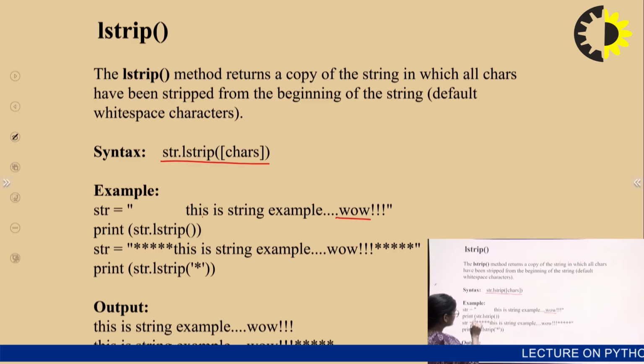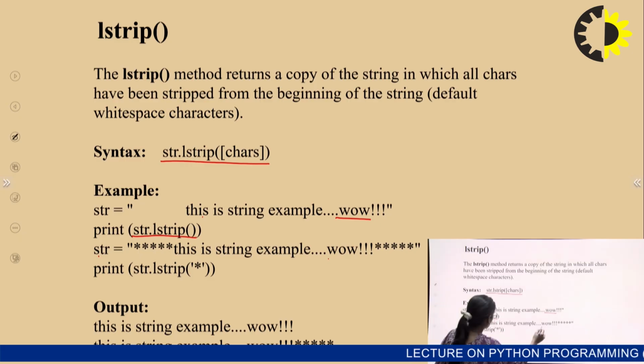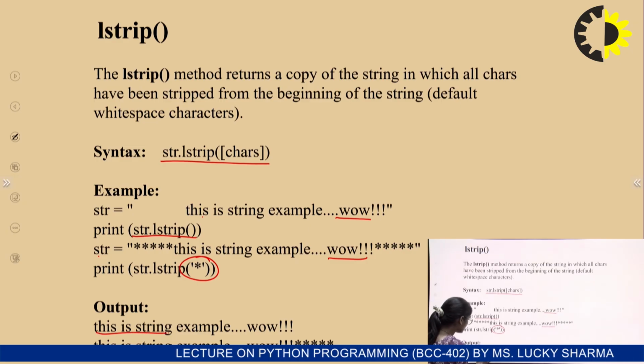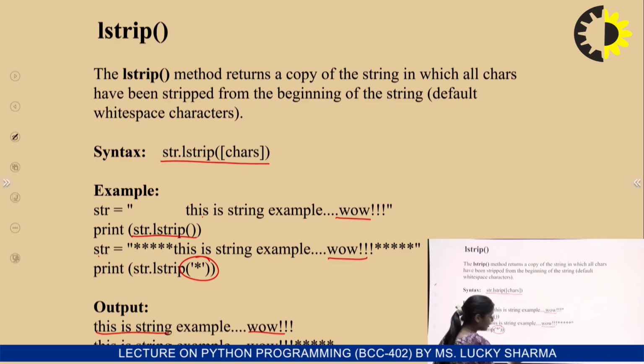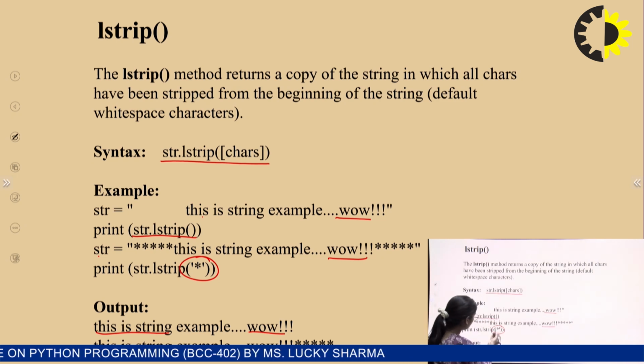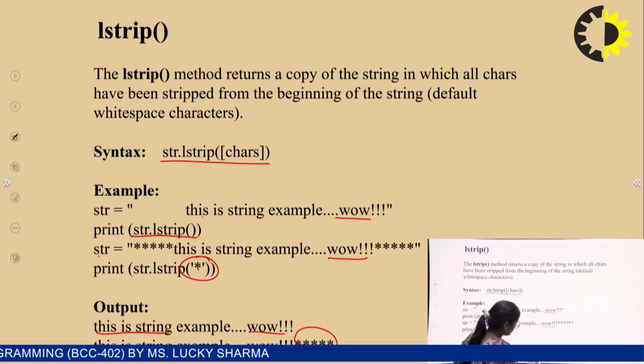And print string.lstrip with the star. What do you have to print? You have to print this star. And what is the output? The output is "this is string example....wow". Clear? Now the star has to be printed.